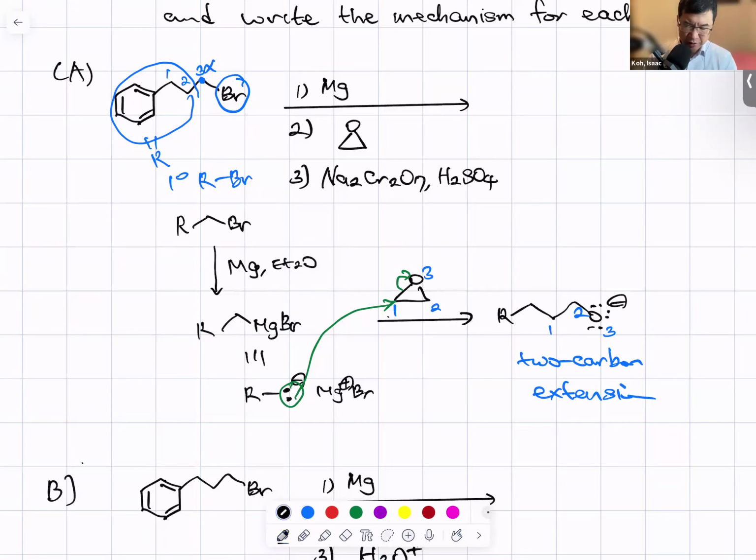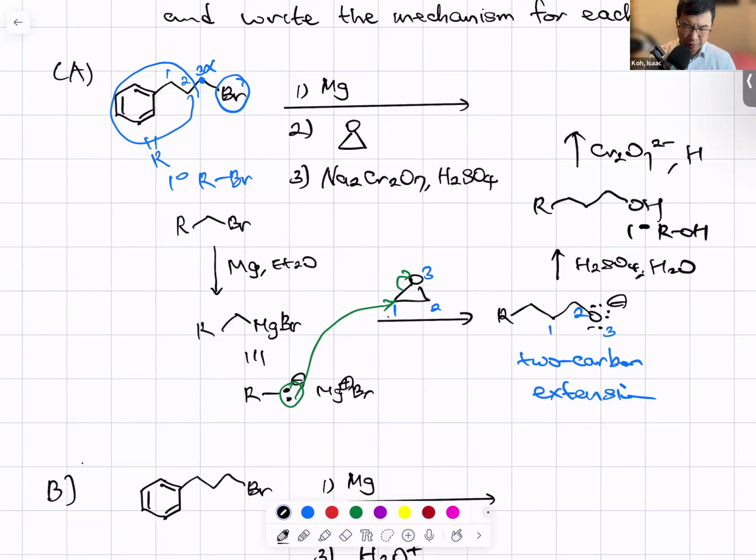And finally, in acidic workup, so we have sulfuric acid in water, it will be protonated, forming a primary alcohol. This primary alcohol in dichromate ion will be oxidized all the way to a carboxylic acid.